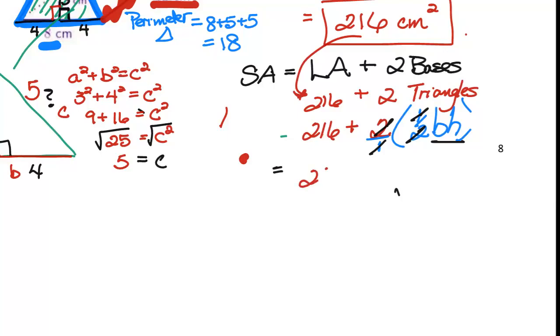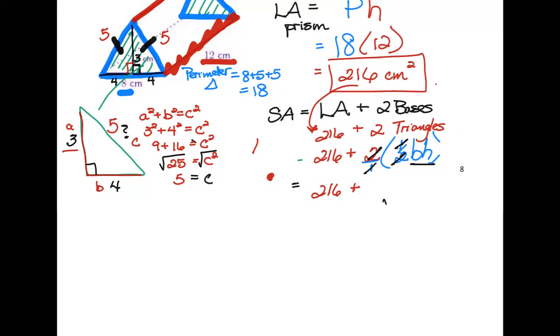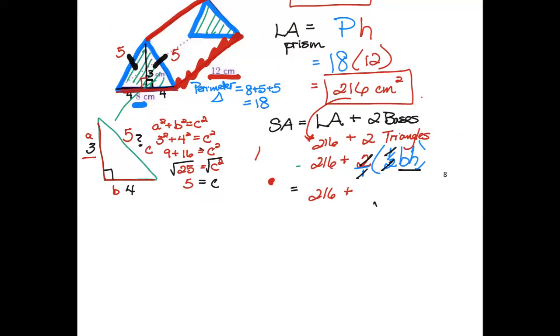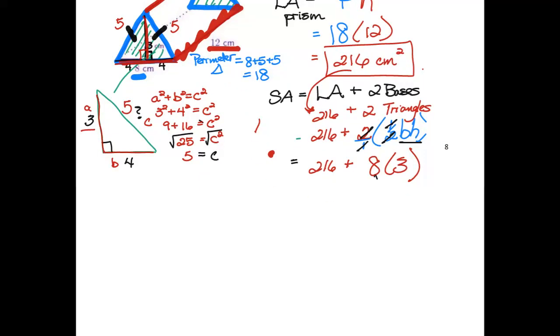So that is 216 plus the base of the triangle. Look at the whole triangle. That is 8, and the height of the triangle itself is 3. So add 24 to 216 for a final answer of 240.